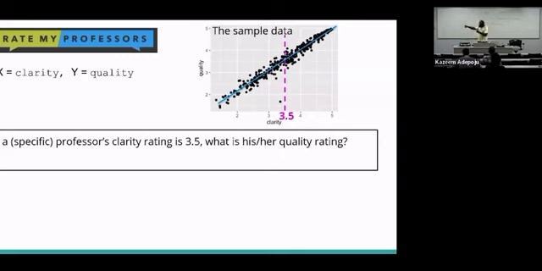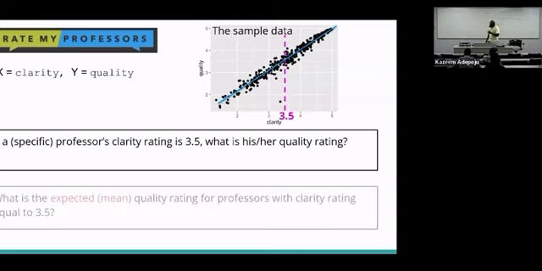If a specific professor's clarity rating is 3.5, for instance, this is for the individual. Then we also want to know one for the average.